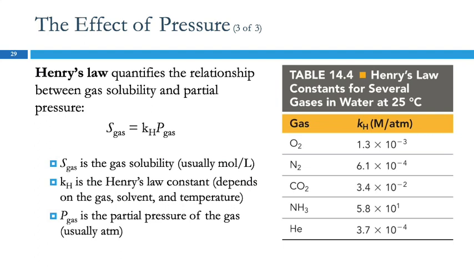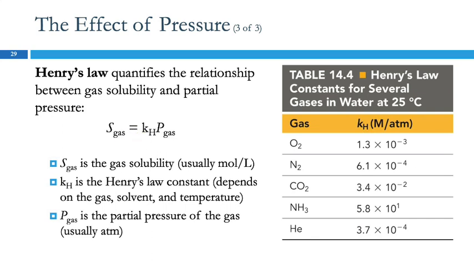We can quantify the relationship between gas solubility and the partial pressure of the gas. That's called Henry's law. The solubility of the gas, which is usually measured in moles per liter, is equal to a constant times the partial pressure of that gas. This is called the Henry's law constant.